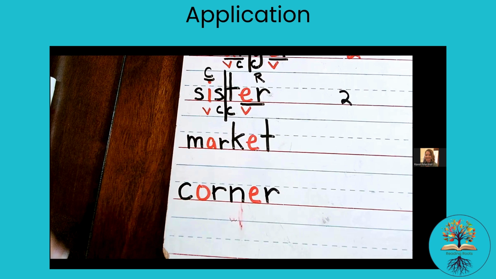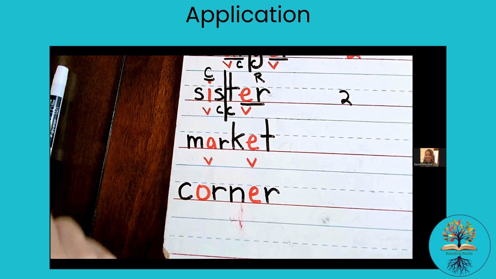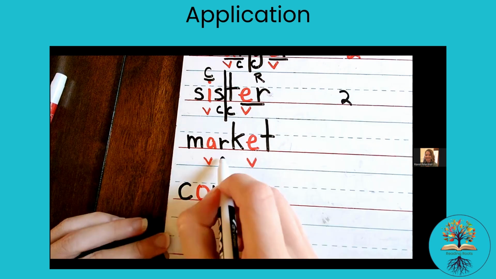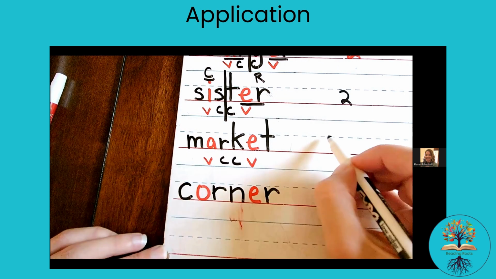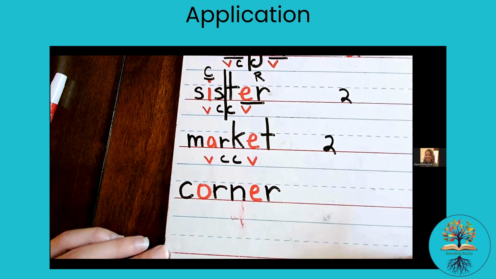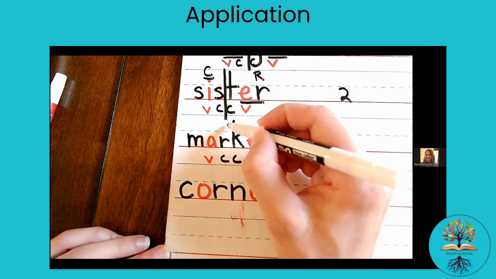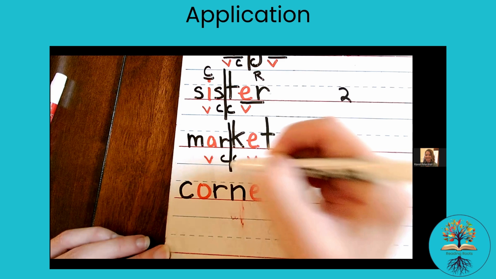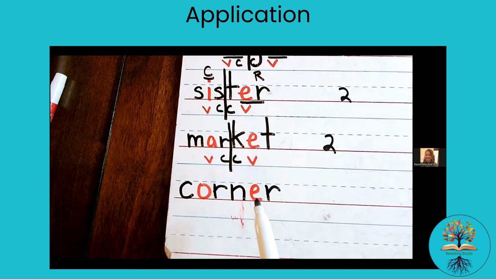Same thing for our next example. We have two vowels. We have two consonants. These two vowels or vowel sounds mean that I have two syllables in this word. I see the pattern, vowel, consonant, consonant, vowel, so I know I'm going to divide right there. Let's look at the first syllable. What type of syllable is it?